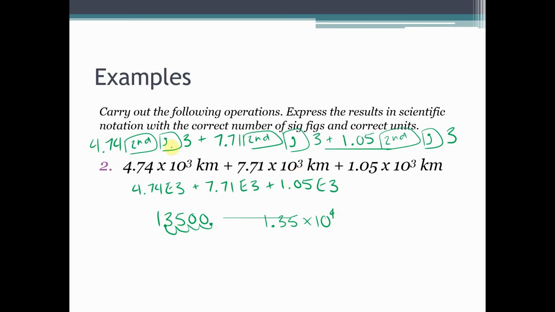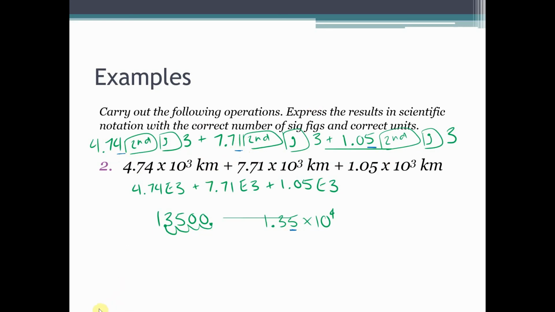Now, quick sig figs check. Remember, since we are adding, we care about where the sig figs are. Our last one here was in the hundredths place, hundredths, and hundredths. So our answer needs to be in the hundredths place, and that's already done. Good job, us. So the last thing we need to do is add some units to this.